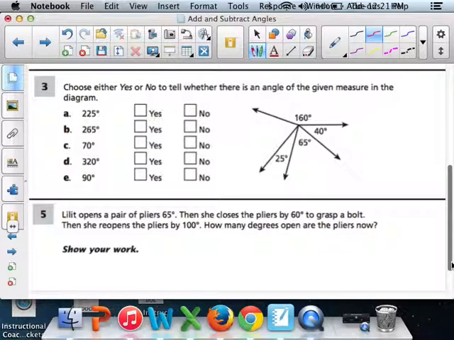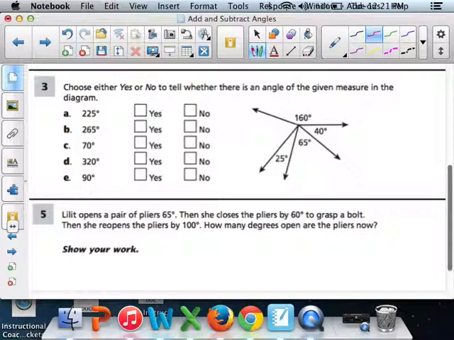Now this is a toughie because you look at these numbers and you might not see them anywhere, and you go, oh, they're all no. Those numbers are nowhere on there. But angles, if they're next to each other, can be combined.